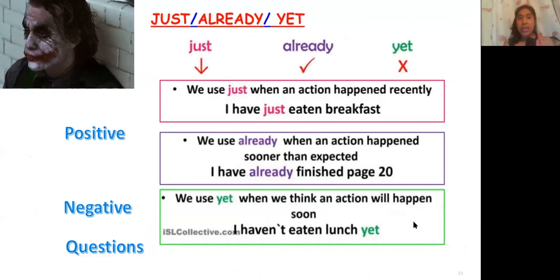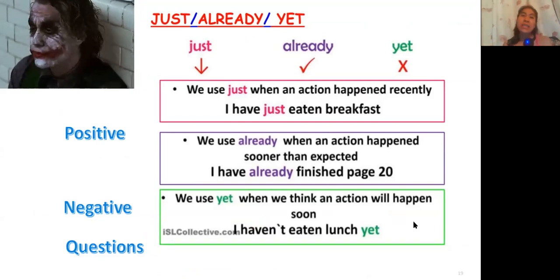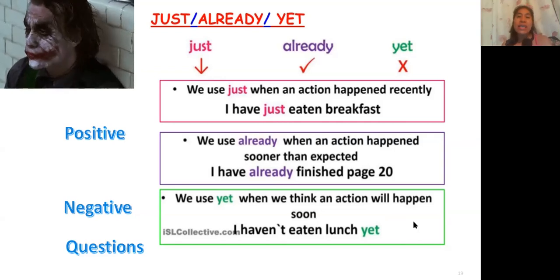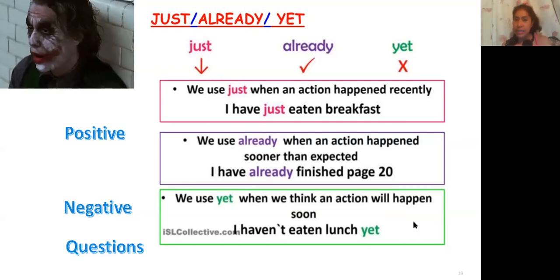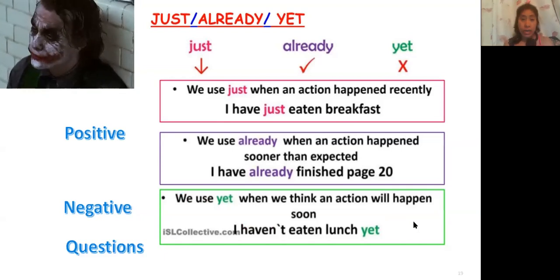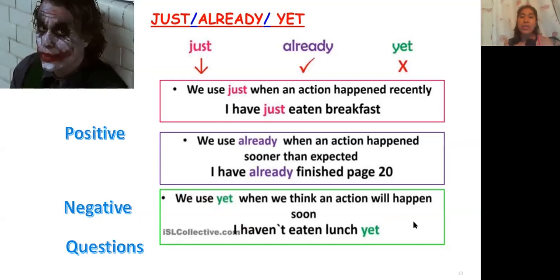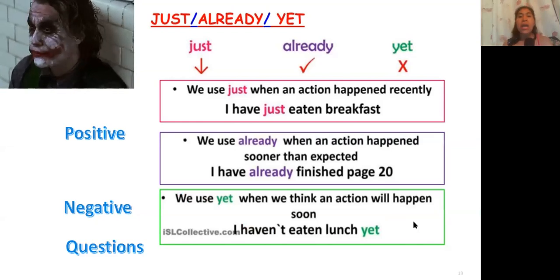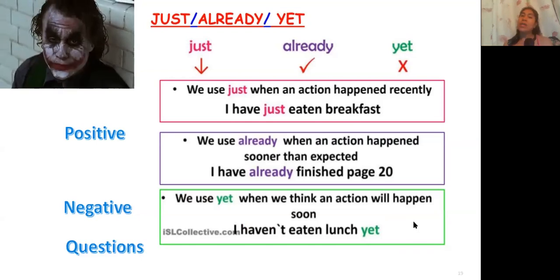We use just when an action happened recently. Example, I have just eaten breakfast. Already, we use already when an action happens sooner than expected. Example, I have already finished page 20.